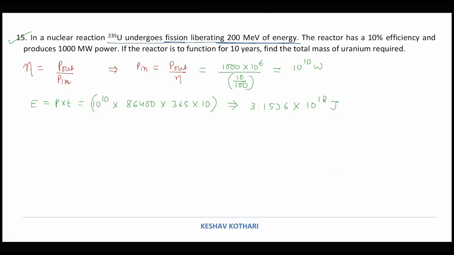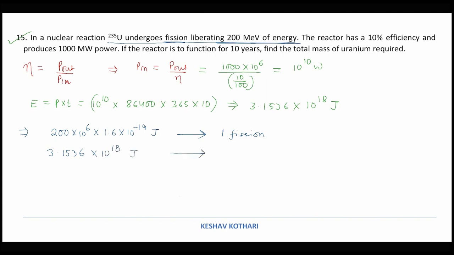So from here I can do this calculation, that 200 megawatt means multiply by 10 to the power 6 multiply by 1.6 into 10 to the power minus 19 joule of energy is produced by one fission reaction. So therefore if the energy requirement is 3.1536 into 10 to the power 18 joule, then we will require how many fission reactions.